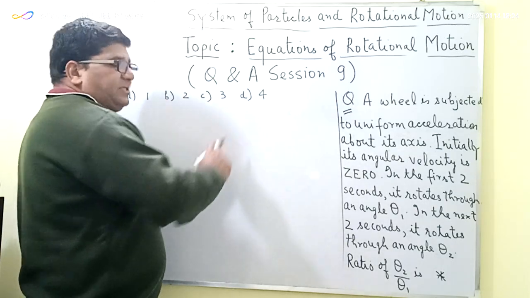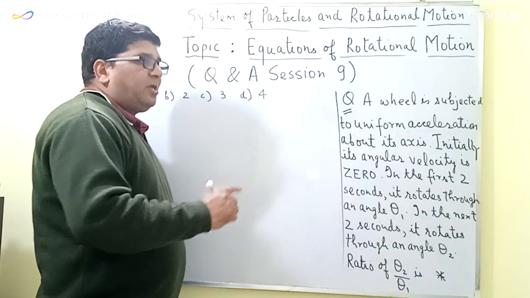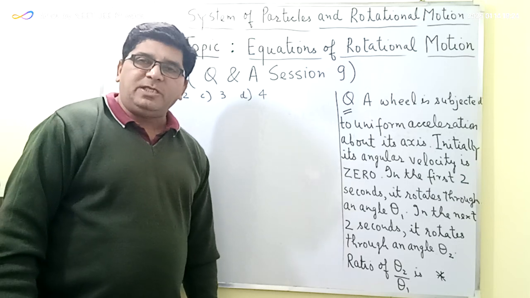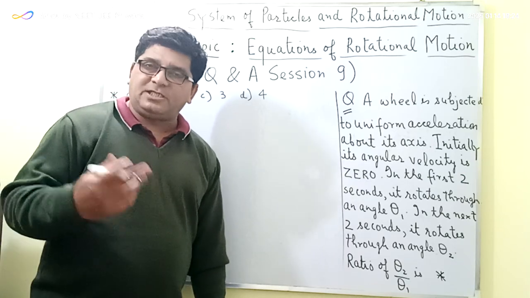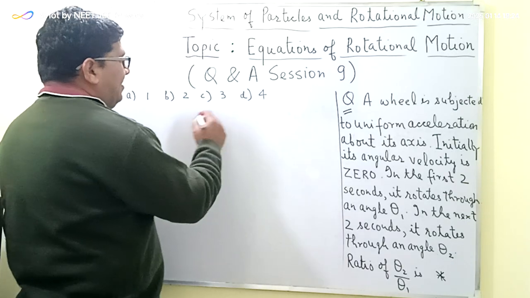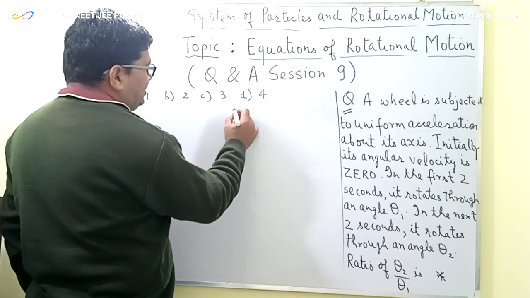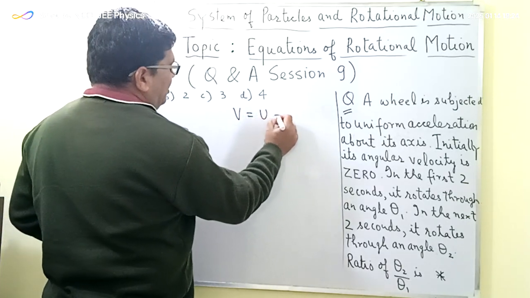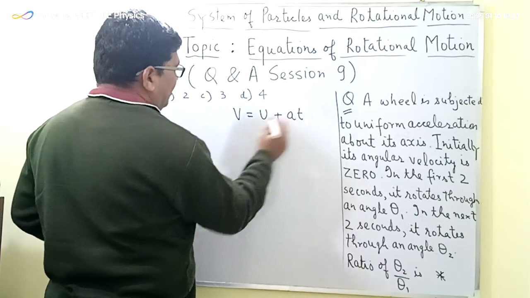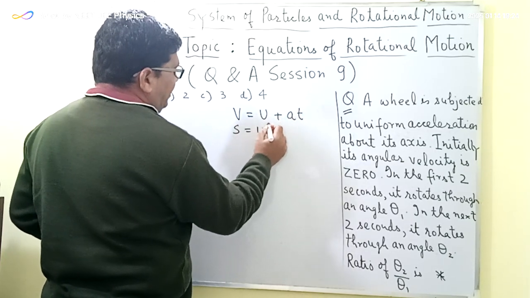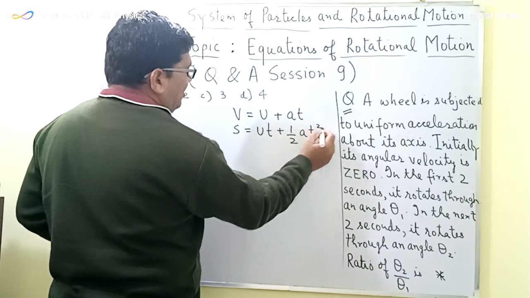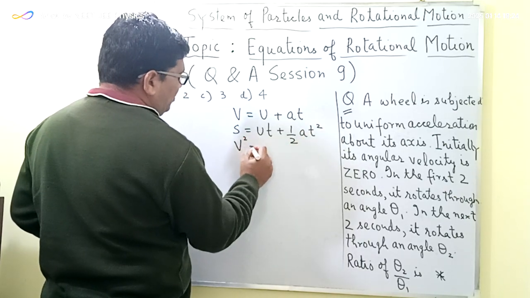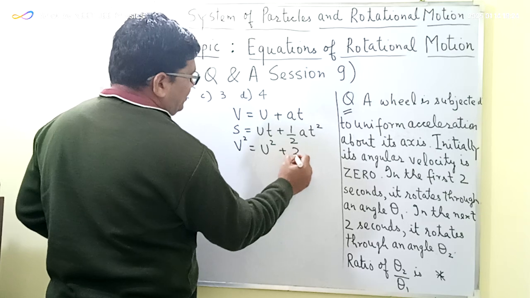So जैसे कि linear motion में there are three equations for constant acceleration, and those three equations are v is equal to u plus at, then s is equal to ut plus half at square, and then v square is equal to u square plus 2as.